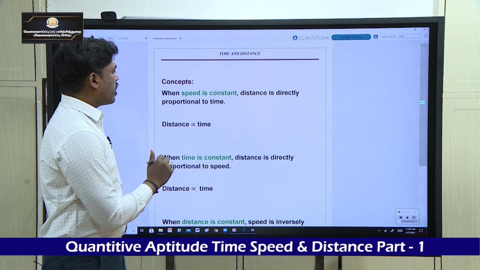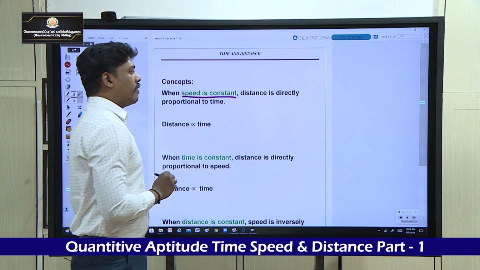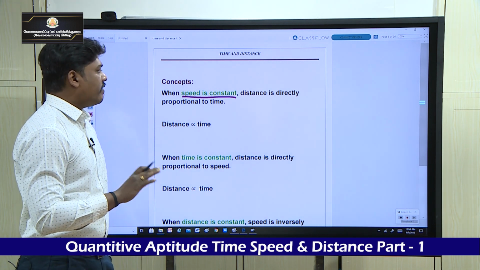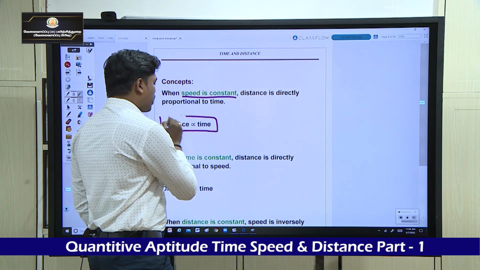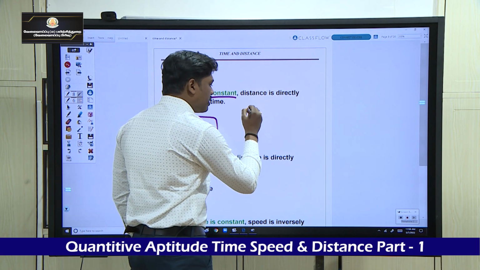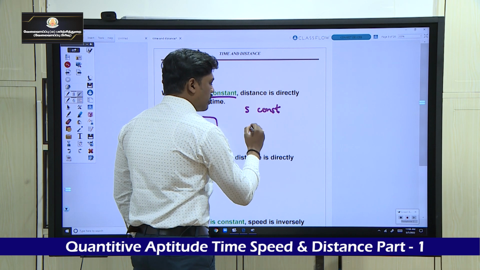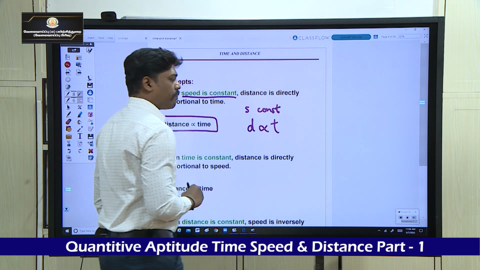So look at the concept. When speed is constant, when speed is the same, the distance is directly proportional to the time taken. So when speed is constant, distance is directly proportional to time.